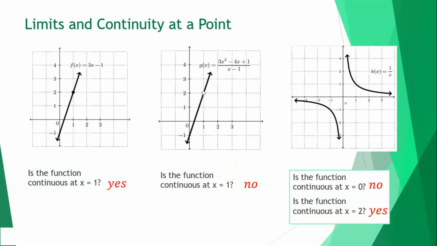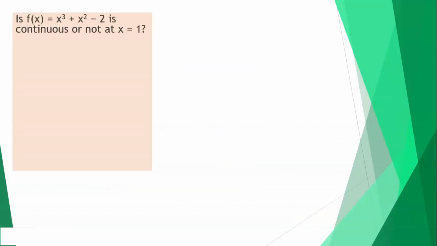Now, what if the given is an equation? How are you going to do it? For example, is x cubed plus x squared minus 2 continuous at x equals 1? With this, we can make use of the three conditions. The first one is we will substitute f of 1. So, substitute 1 cubed plus 1 squared minus 2.